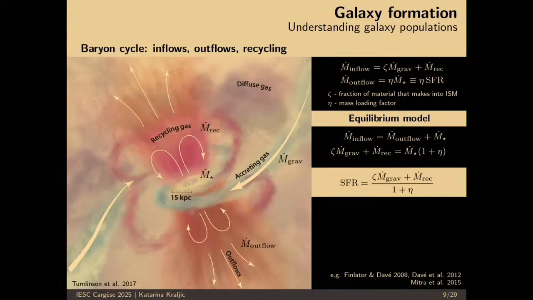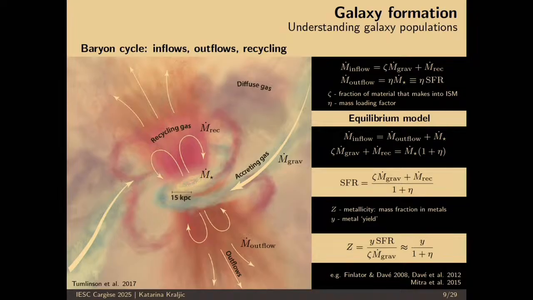So what about other properties? We talked about metals, and we said that metals are very important. The metallicity can be written as a yield factor times the star formation rate. Metals are produced in stars, so as star formation is ongoing, you produce this fraction of metals, and the metallicity is how much you enrich the gas with them.